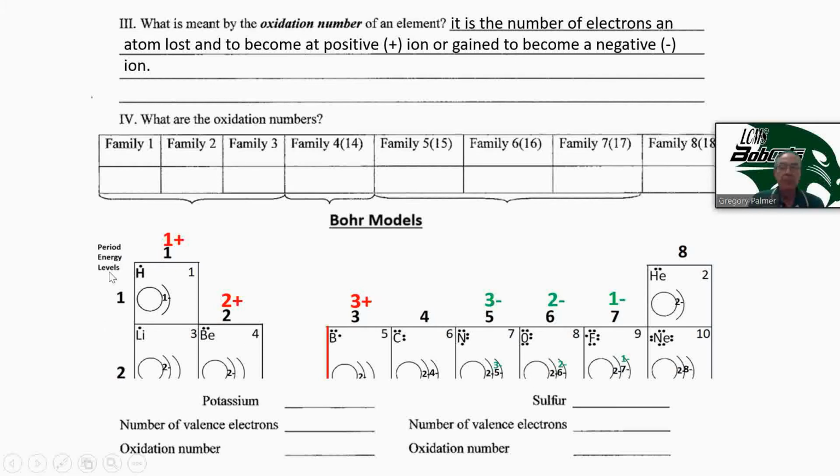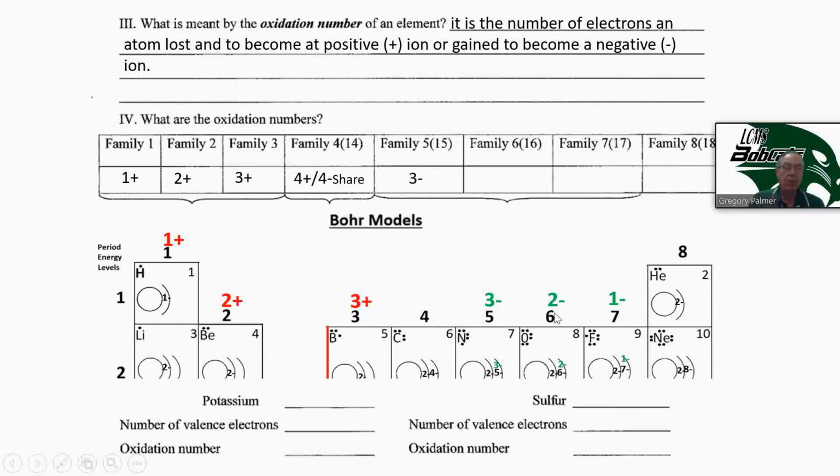I clipped the top of the periodic table we were just looking at so we can see family 1 is a +1. Family 2 is a +2. Family 3 is a +3. Family 4 is 4 plus, 4 minus. They usually share, and this is where covalent bonding is going to be happening.